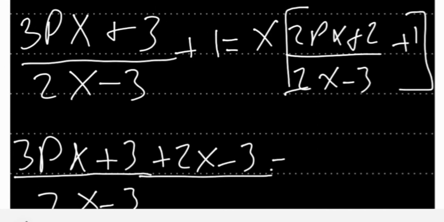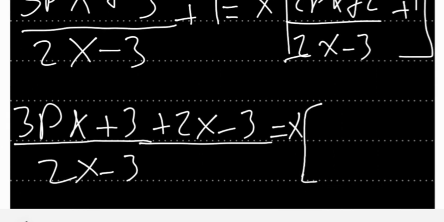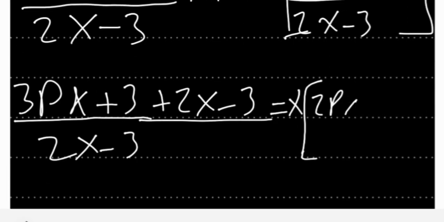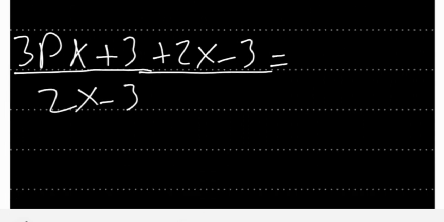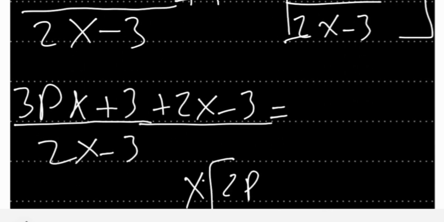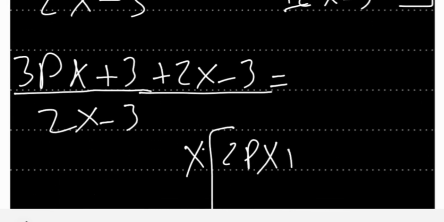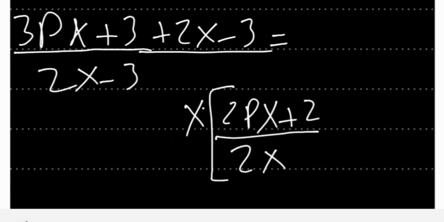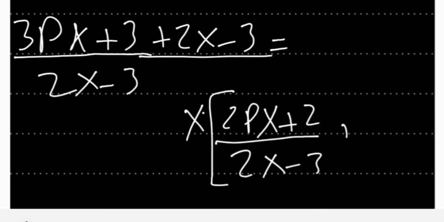So equals x multiplying, let's do this part of the equality down here so that we have more space. So it's equal to x multiplying what? 2px plus 2 divided by 2x minus 3, plus 1, right?